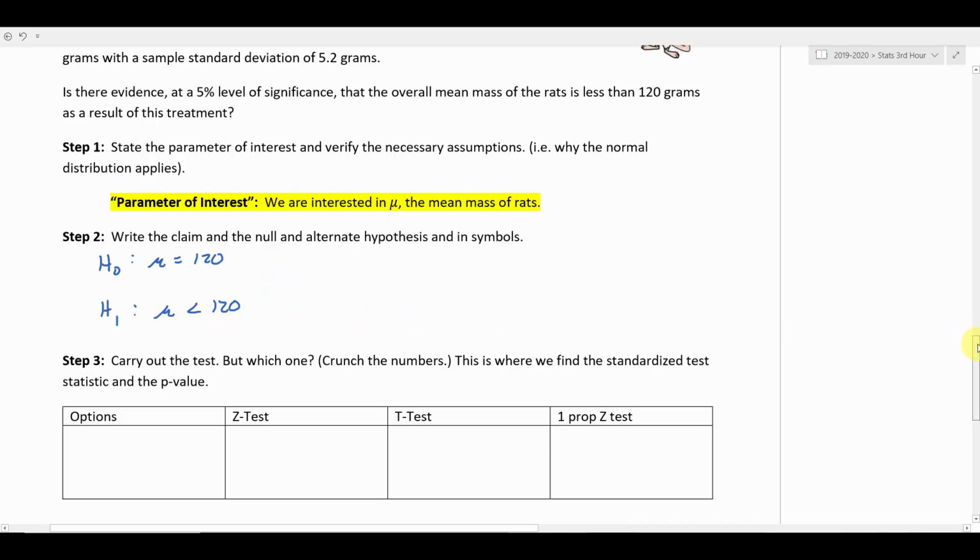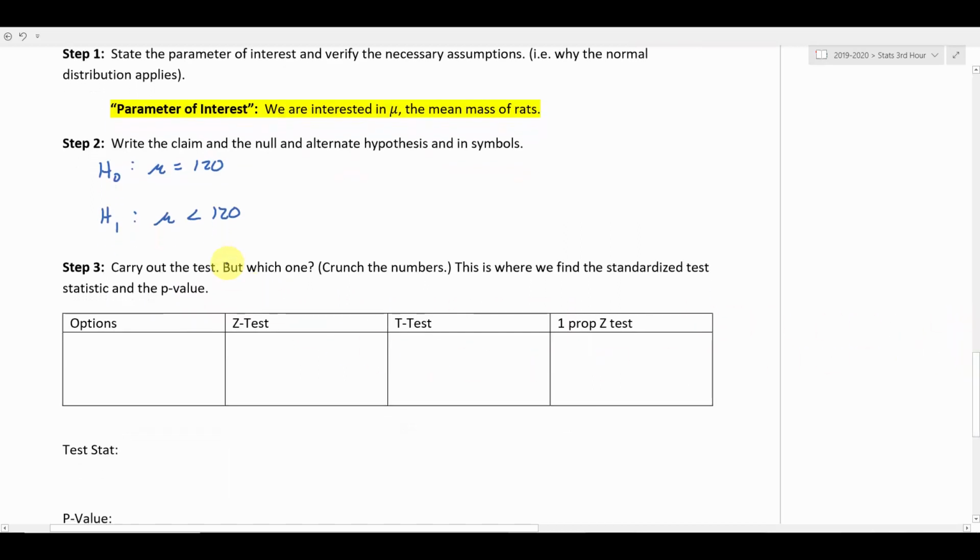Okay. So then the question becomes, what test are we going to run? Is it going to be a z-test, a t-test, or a one-prop z-test? Remember, z-test and t-test both test means. The one-prop z-test tests the proportions. Okay, in the z-test, the standard deviation is known, and in the t-test, the population standard deviation is unknown.